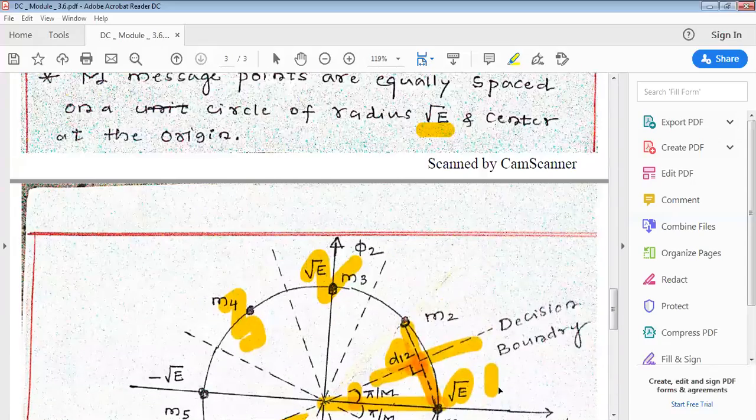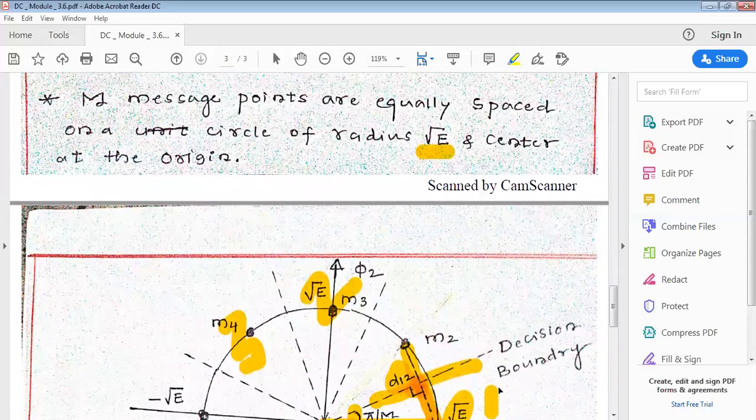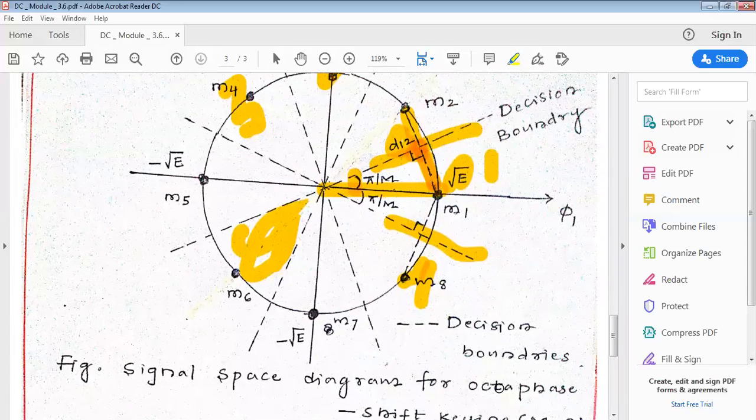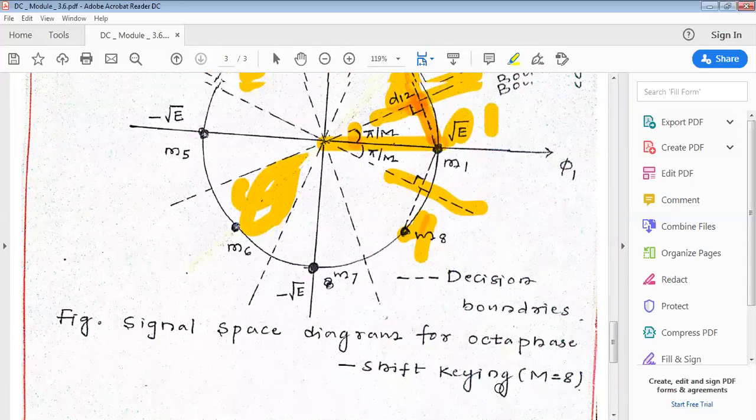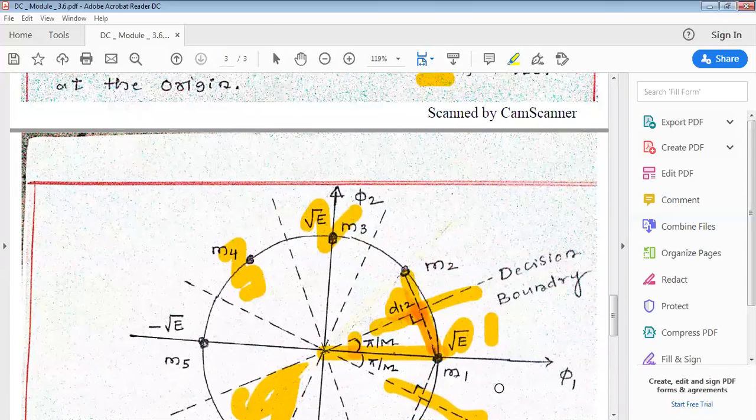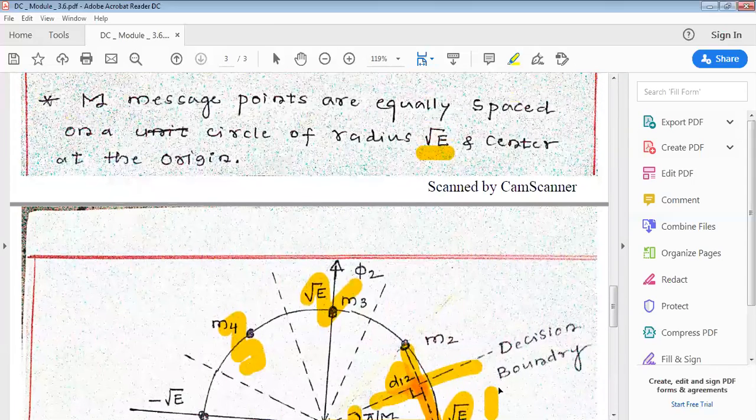So this is about the signal space diagram for M-ary PSK as well as the Euclidean distance between two message points. Hope you understood the M-ary PSK, signal space diagram, and Euclidean distance concepts.